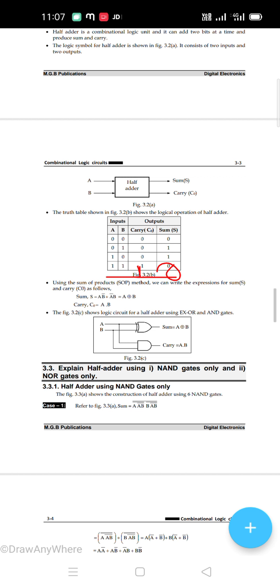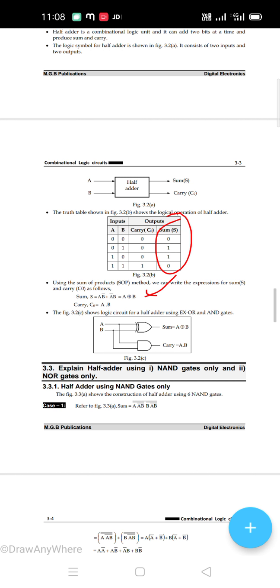Now let us see the sum expression. From the sum column, for the inputs a b, we are getting the outputs 0 1 1 0.